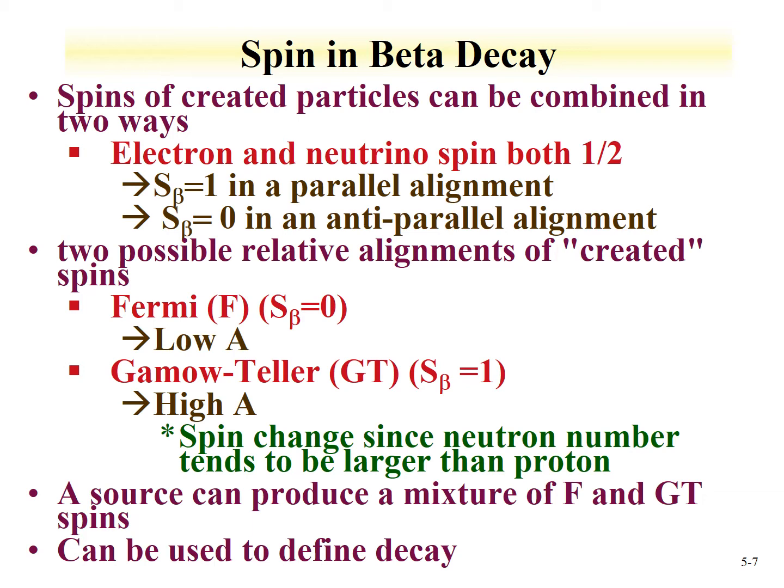This isn't true for Gamow-Teller, where as I go higher in A, I tend to have more neutrons than protons. So if I take a neutron and convert it to a proton state, that spin change will be non-zero and tends to be on the order of 1. Sources can have a mixture of Fermi and Gamow-Teller spins. And these spin types can be used to define the decays.